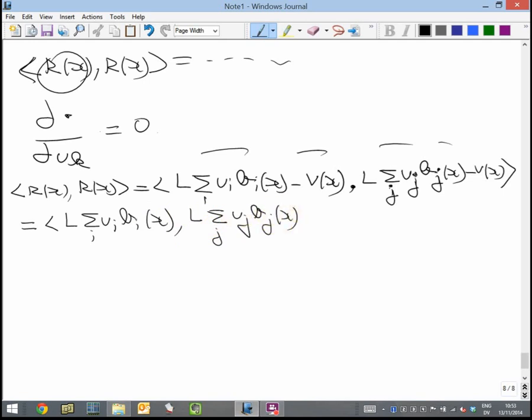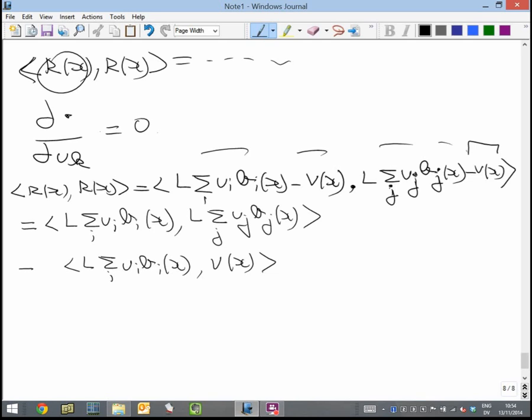That's our first term. And then we have a second term, starting with the left hand side, the summation over i of u_i b_i of x. But for the right hand side we have minus v. So let's put the minus here. And then we have v of x. So this is number 2.